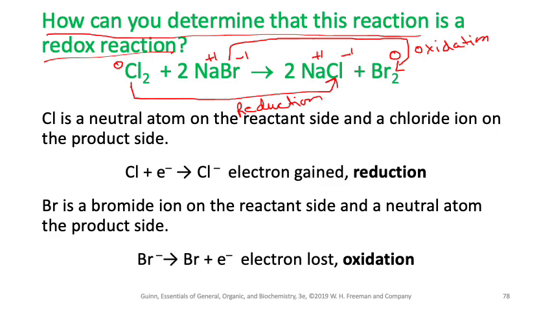So this is a type of redox reaction where chlorine is doing the reduction reaction and bromine is doing an oxidation reaction. Oxidation is donating electrons, and reduction is accepting electrons, right? So this is how you can identify whether the given reaction is a redox reaction or not.